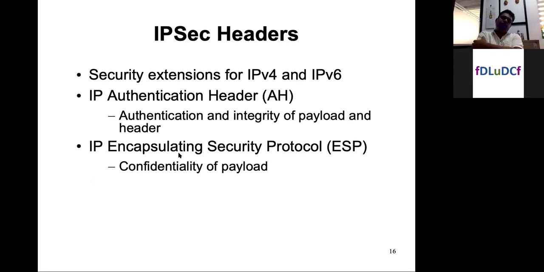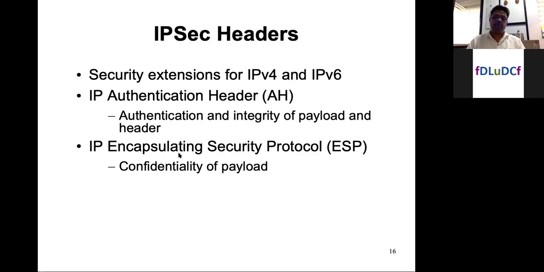In order to provide security for the IP layer, we use two different IP headers. You know, in the TCP/IP protocol stack, when the packets move from the top layer to the bottom, each layer adds specific headers. Usually the IP layer adds the IP header. So in case we configure IP security in the IP layer, the IPsec protocol may add two headers, what we call the authentication header and the encapsulation security payload.